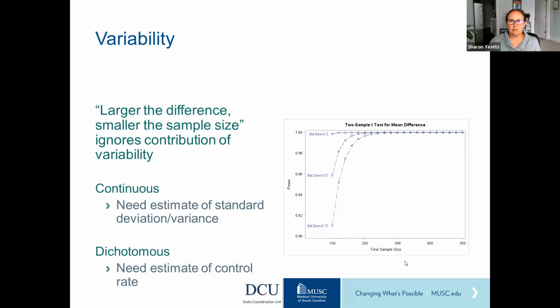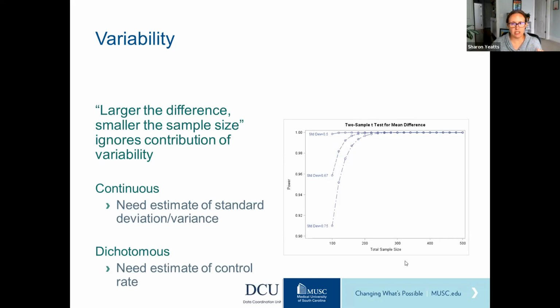Now, this rule of thumb, the larger the difference, the smaller the sample size, ignores the contribution of variability. And what I mean by variability depends on what sort of outcome you're looking at. So remember when I started this, I said when you state your hypothesis, we need to be very clear what the outcome is, and this is why.